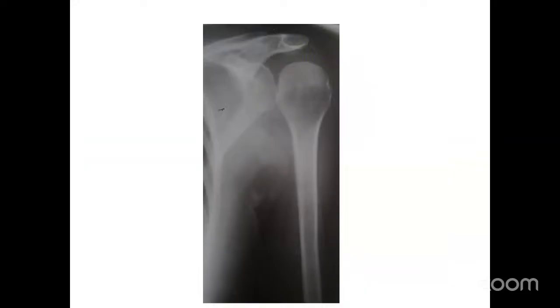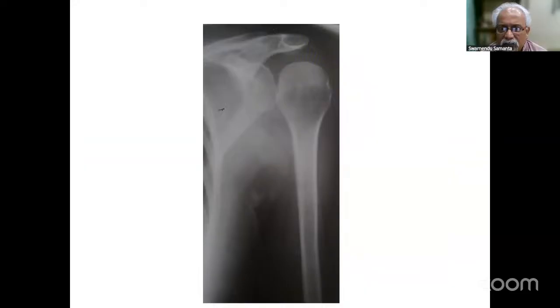AP view. In appearing for the exam, the trick is that you go slow, and let the examiner ask you the questions one by one. Don't tell like this is a posterior dislocation of the shoulder with light bulb sign. This is not the way. You follow the protocol every time you see the X-ray. You will tell this is the X-ray, with the side not mentioned.